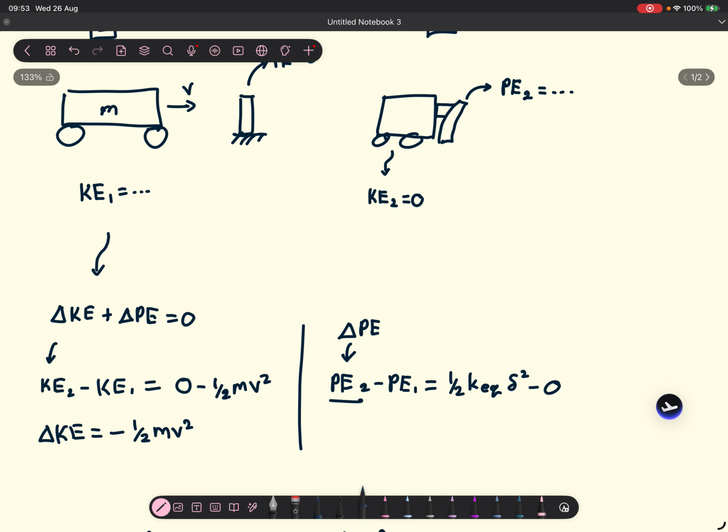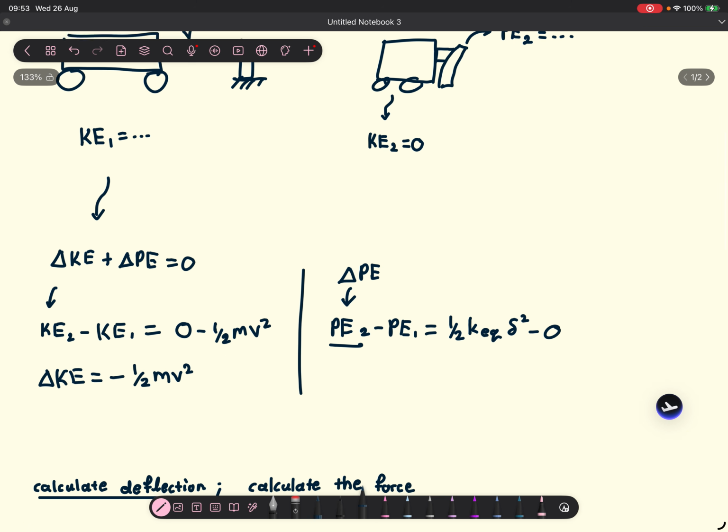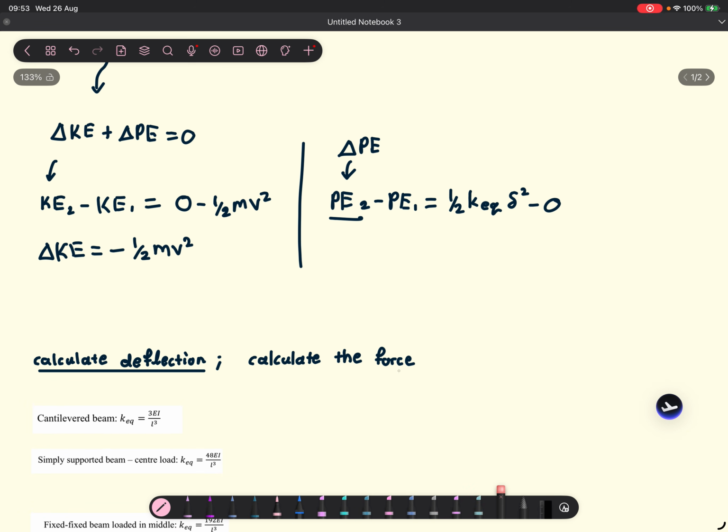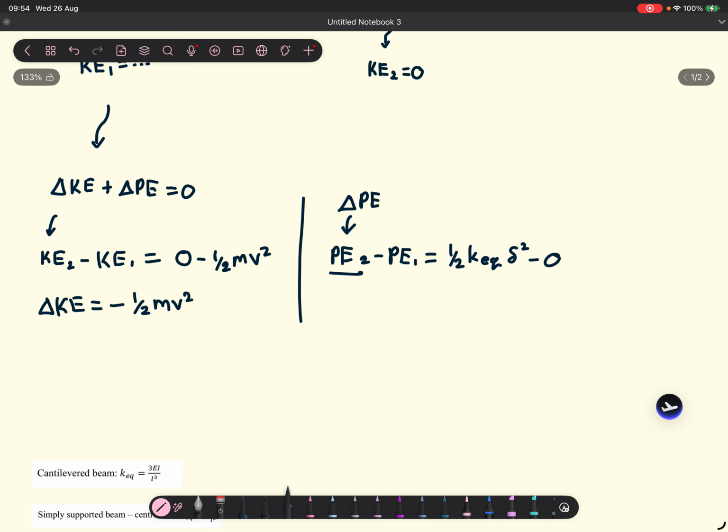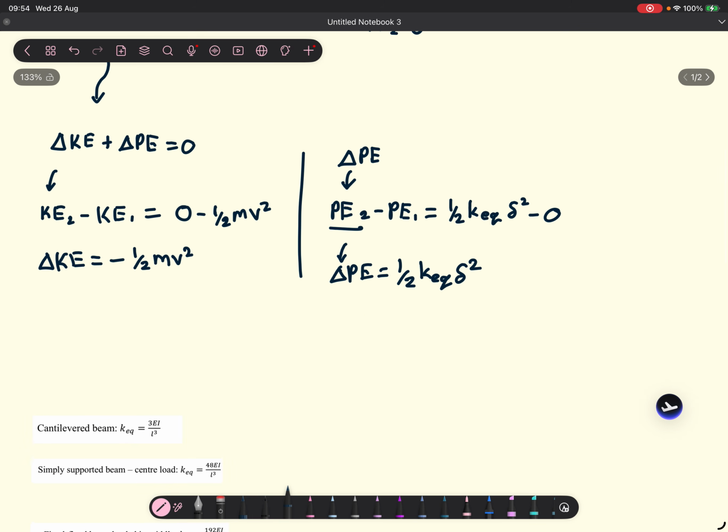So if we substitute both of these into our equation, we get minus a half mv squared plus a half k equivalent delta squared equal to 0.